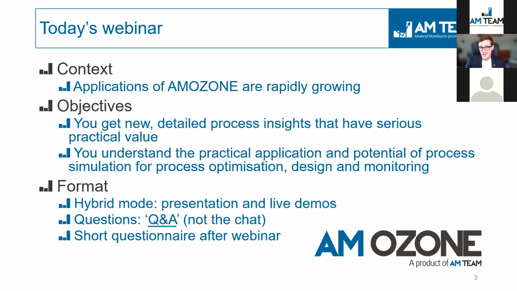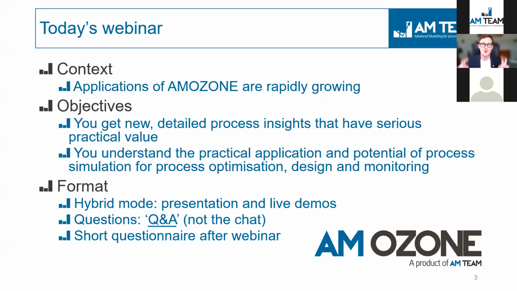So we have been building Amazon, which is a process simulation model for advanced oxidation and ozonation. And it is being increasingly applied at a global scale to optimize plants, to operate plants, and to design and scale up all of these things. So we will show a lot of examples there. And what are the objectives today?